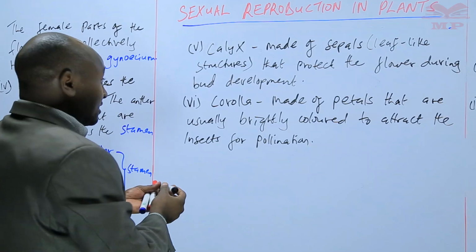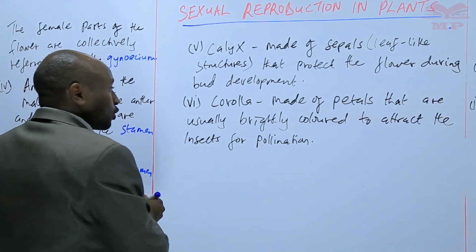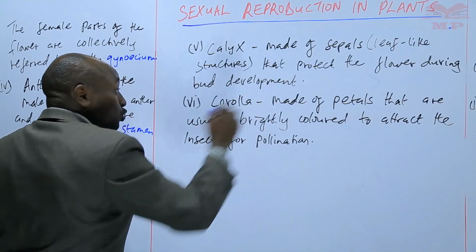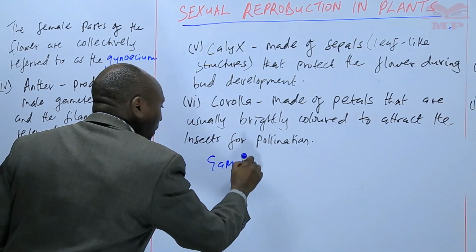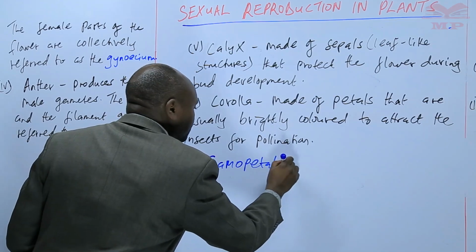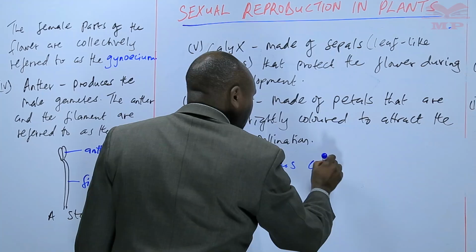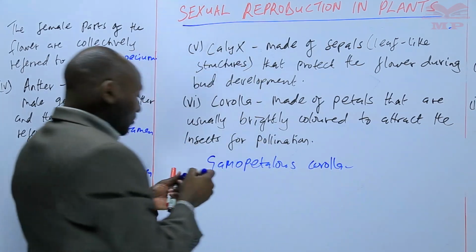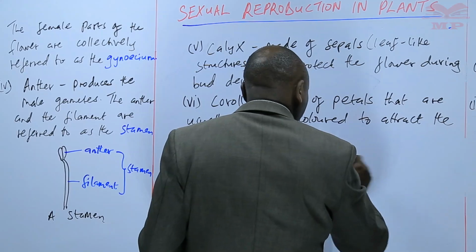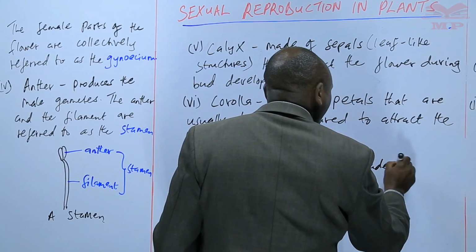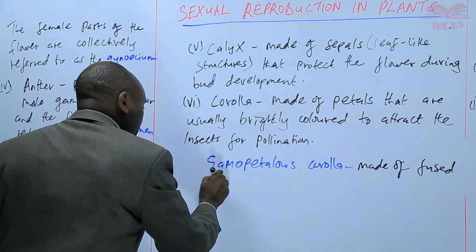So, in case the petals are fused, we call that a gamopetalous corolla. Gamo means fused. So a gamopetalous corolla is made of fused petals.